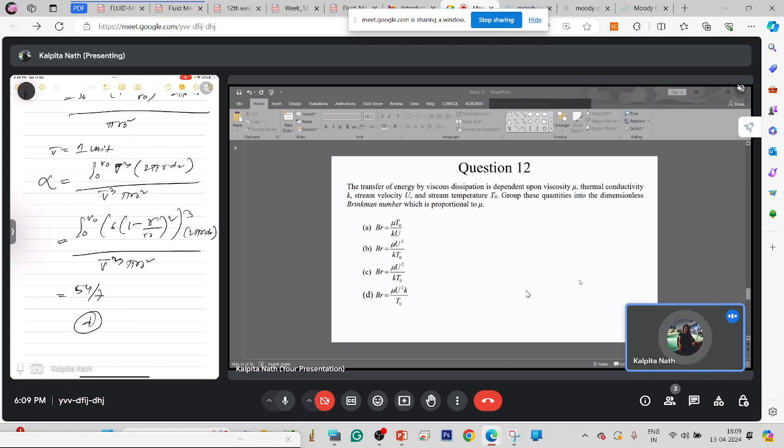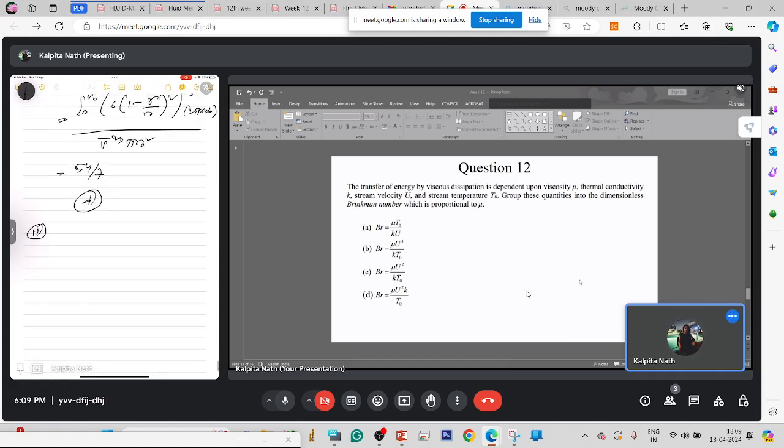So what do you think about that? Mu is m L to the power minus 1 T to the power minus 1, right? K is m L T to the power minus 3 theta to the power minus 1, right?